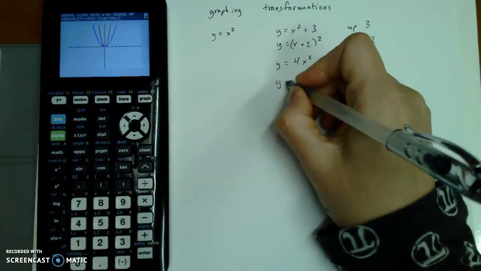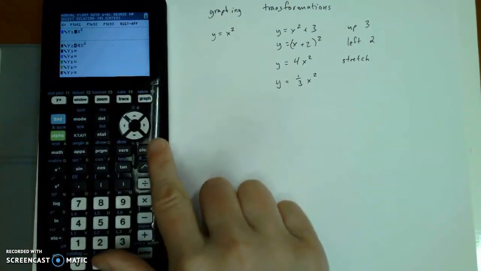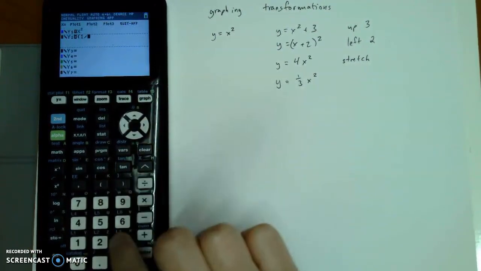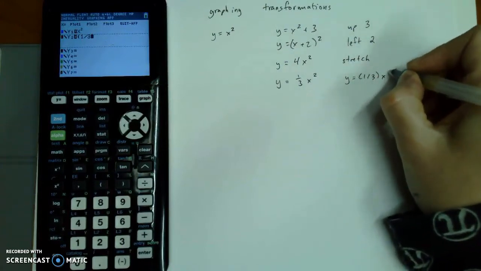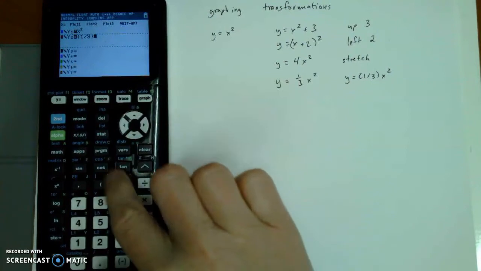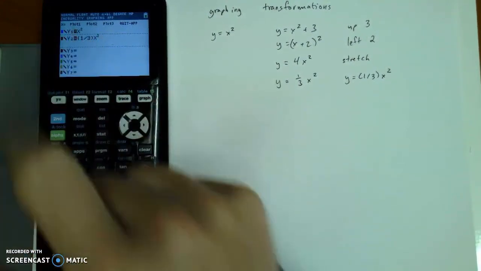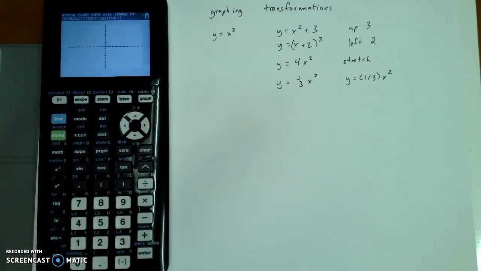And similarly, if I wanted to shrink, let's try 1/3 x squared. Now I always put parentheses around my fractions. So as I type that in, I'm going to type it in like that. And that's just to make sure that my calculator does not misinterpret this and, for example, accidentally think that the x squared is in the denominator, because that is a very different graph than the one I actually want to get.